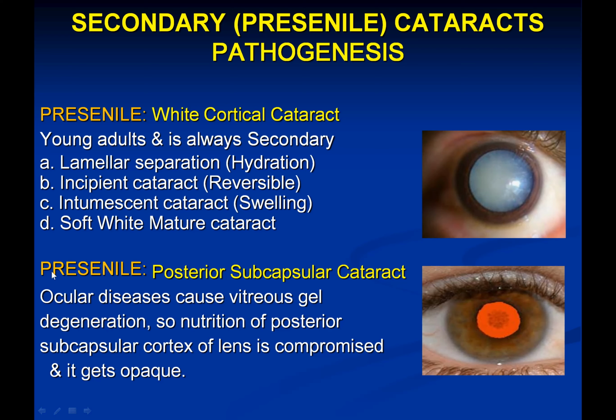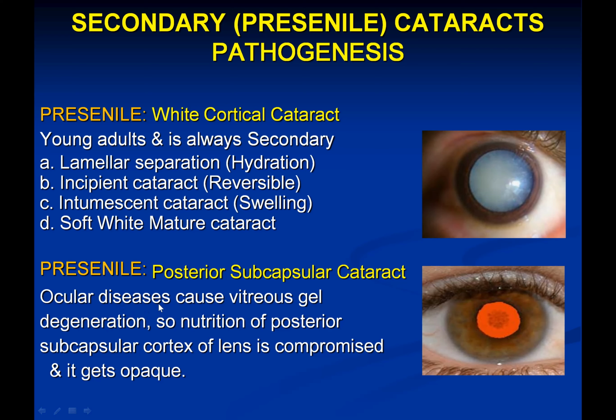The other variety is posterior subcapsular cataract. This pre-senile variety, as I told you, results from other ocular diseases, a complication of other ocular diseases, and that's why known as complicated cataract. क्या causes हो सकती हैं?